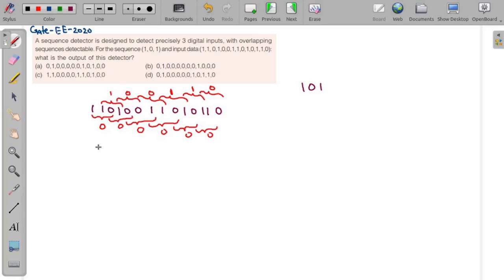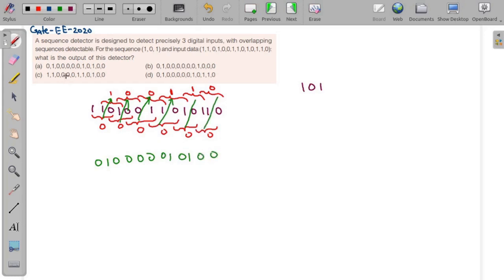I will just write it like that, 0 1, like this, 0 1, then again 0 0, okay, then again 0 0, this 0 0, then again 0 1, 0 1 and 0 0.